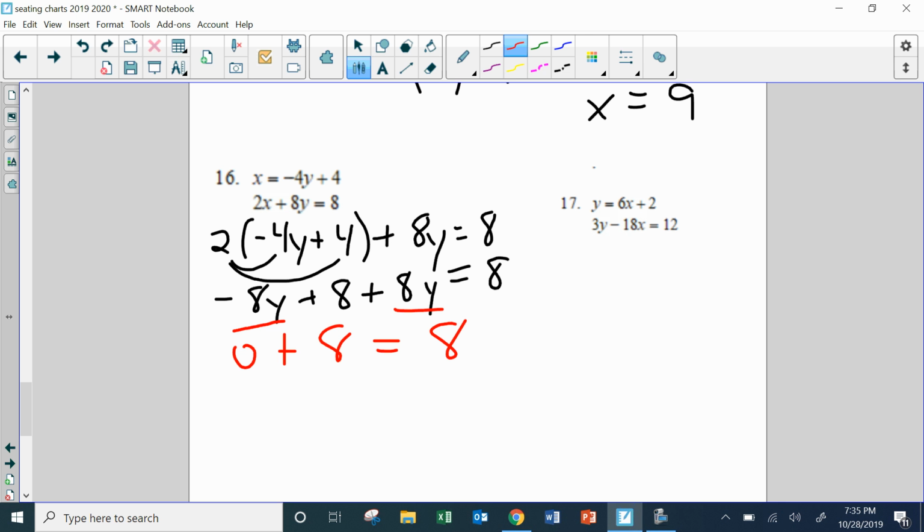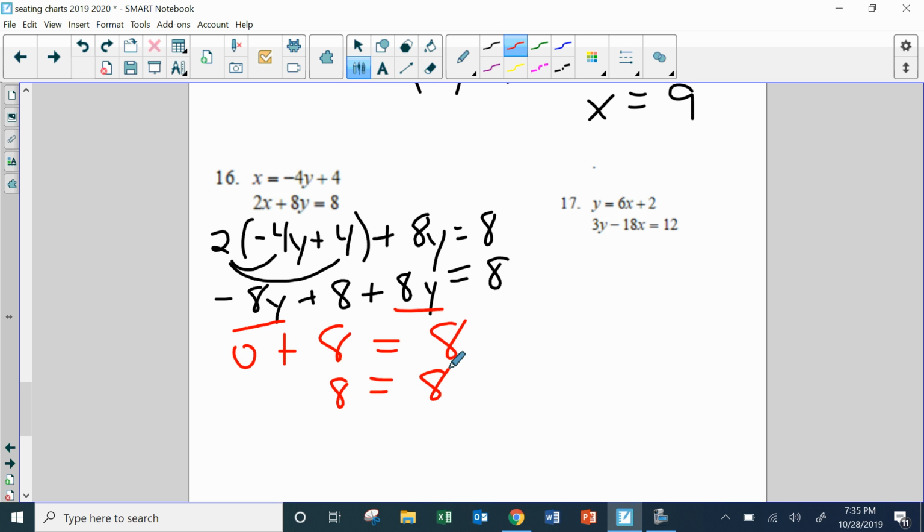So basically, I just get 8 equals 8. We've done this before, and when you get something like that, that's a true statement, that means it is an infinite solution. All right? So that's what it would look like if you solved it out.